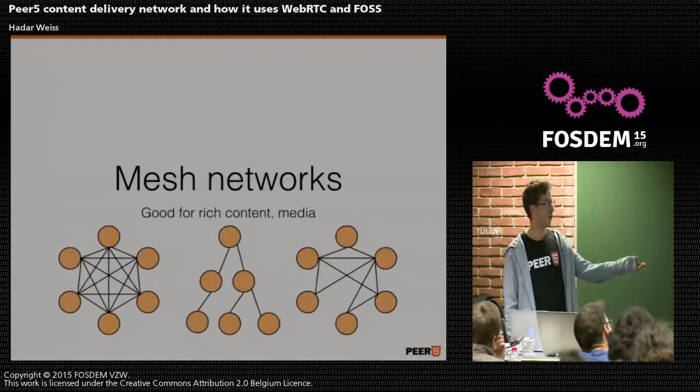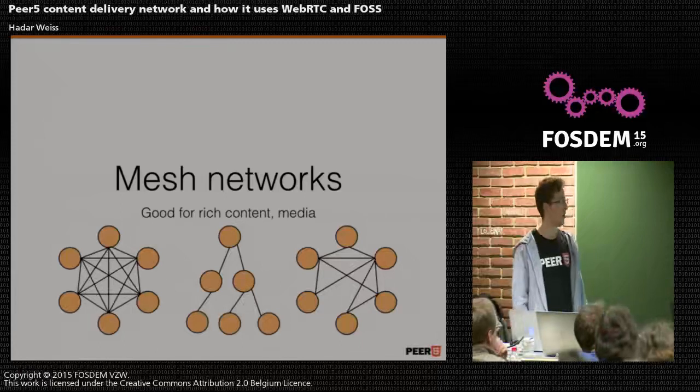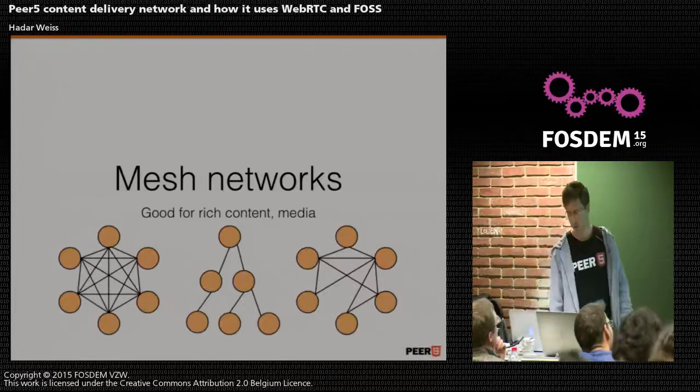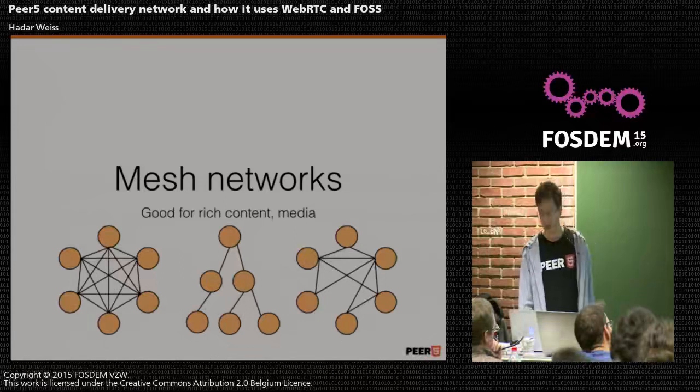We like to think about three types of mesh networks: the full mesh, where everybody is connected to everybody, the overlay tree, and the partial mesh network, a dynamic mesh network. In practice, people use the right one.